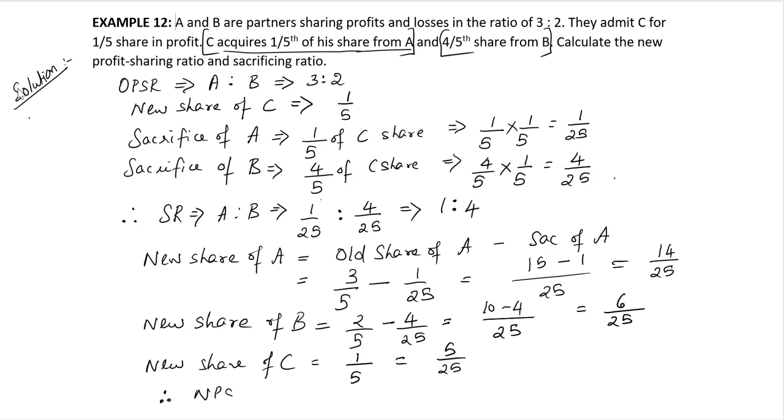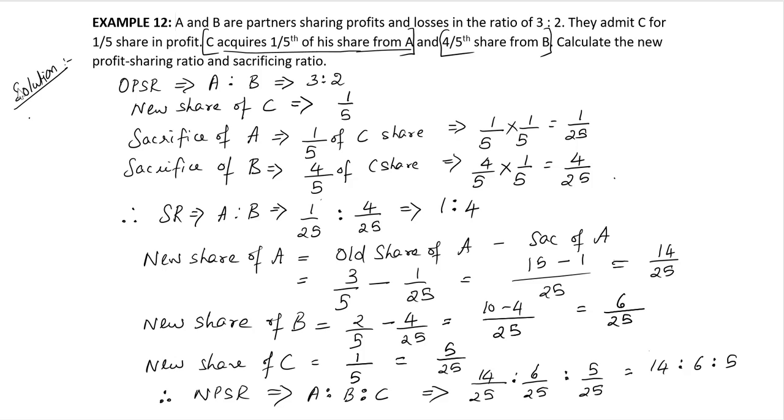Therefore, the NPSR between A is to B is to C is equal to 14 divided by 25 is to 6 divided by 25 is to 5 divided by 25. In other words, it's 14 is to 6 is to 5.